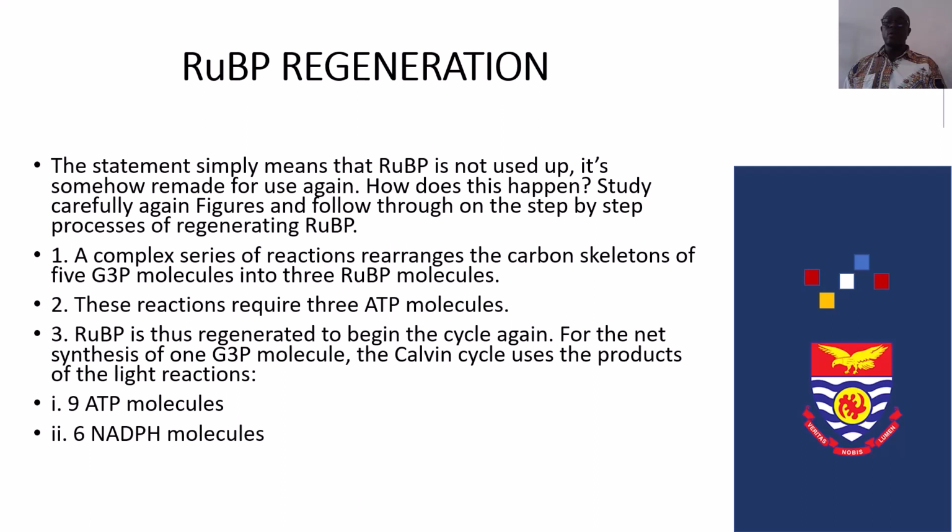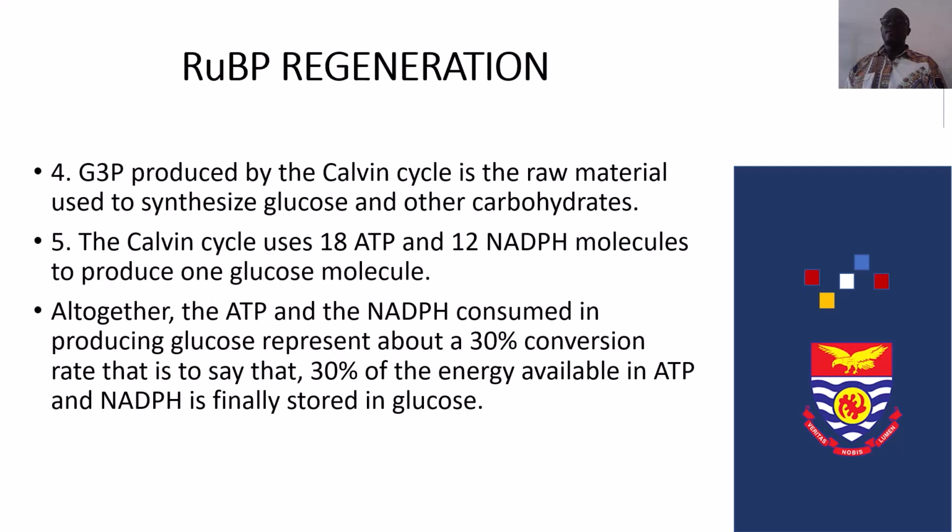glyceraldehyde 3-phosphate molecule. The Calvin cycle uses the product of the light reactions, that's 9 ATP molecules and 6 NADPH molecules. So 3 G3P molecules produced by the Calvin cycle are the raw material used to synthesize glucose and other carbohydrates.